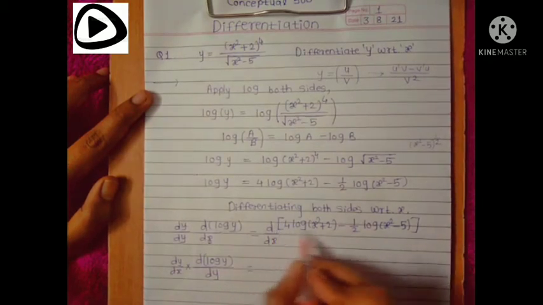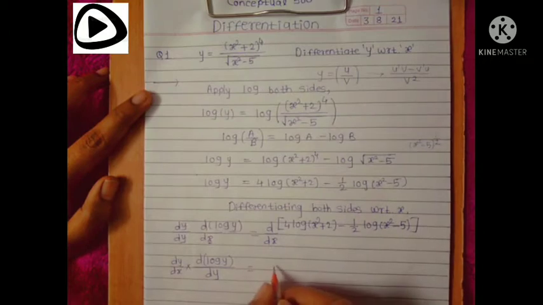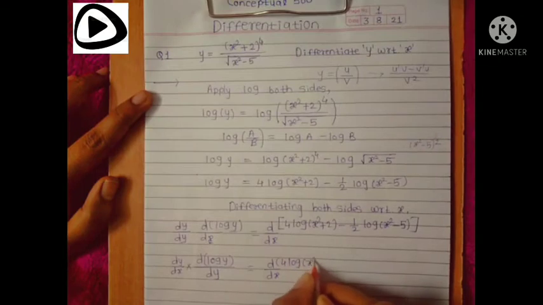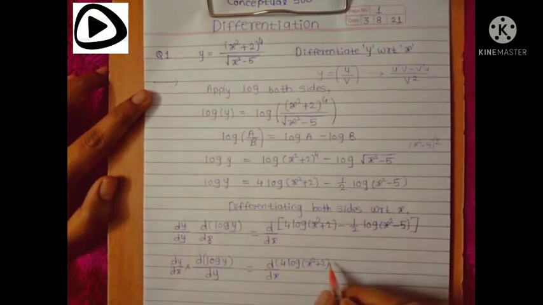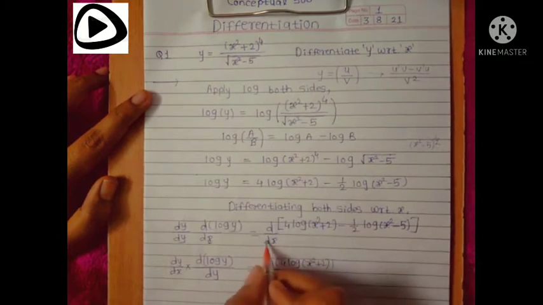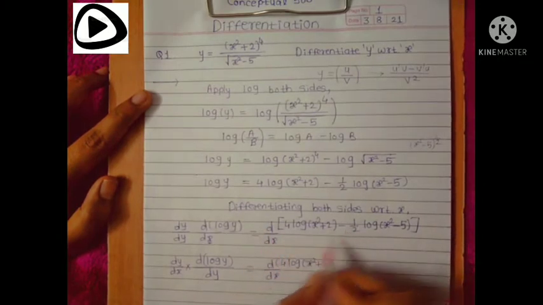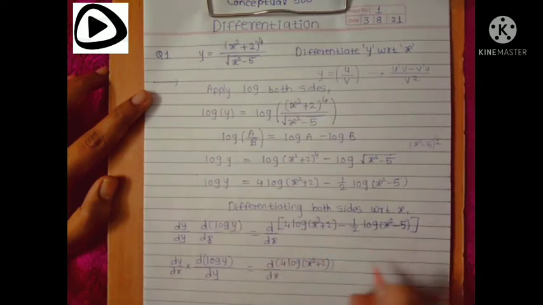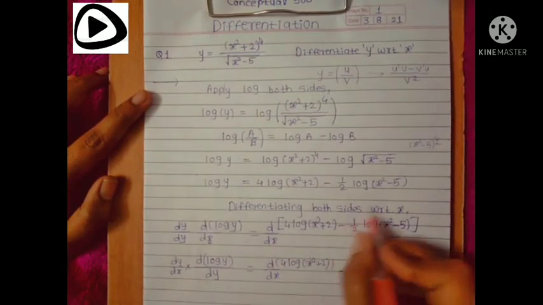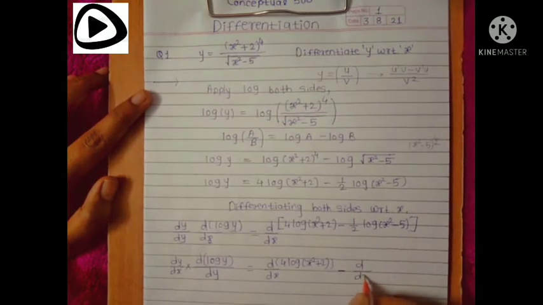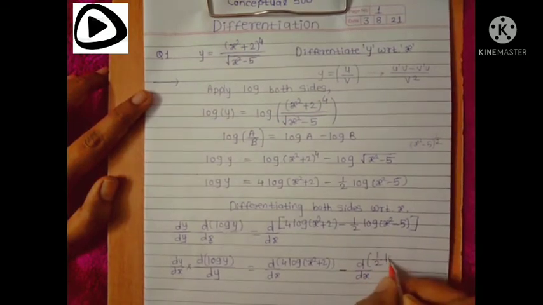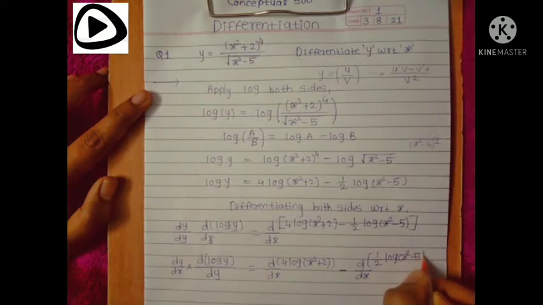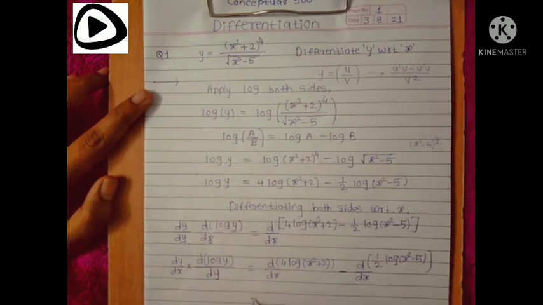And we can differentiate the whole expression with respect to x, no issues. The d by dx of 4 log of x square plus 2, minus, half of log of x square minus 5.